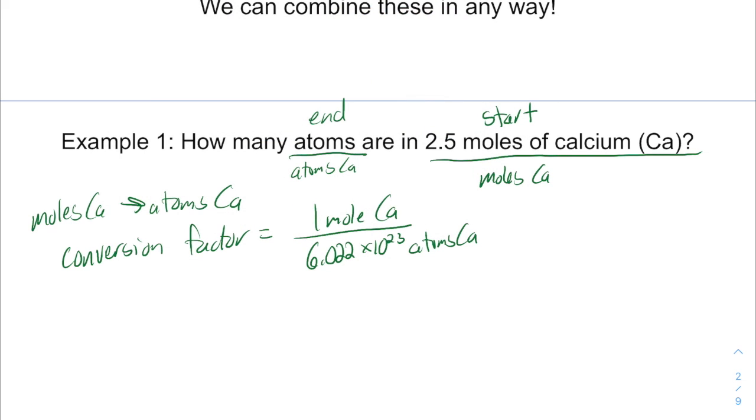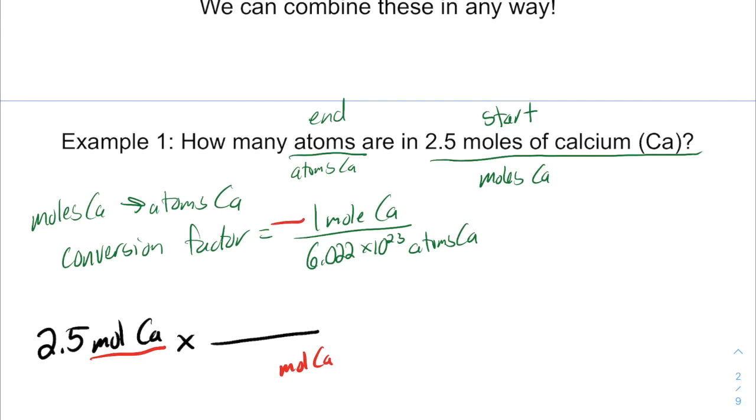So I'm going to start with my starting value, 2.5 moles of calcium, and I'm going to multiply that by my conversion factor. Important thing here is whatever unit I have right here is the unit I want to have down here because I want to cancel it out. So that means that this is what is going to go on the bottom.